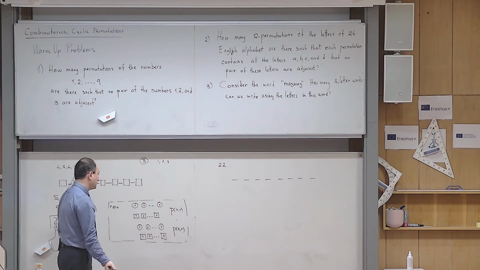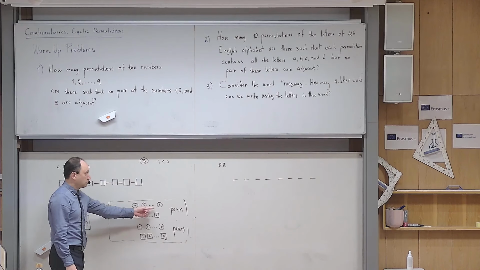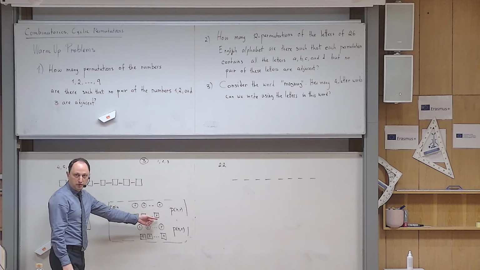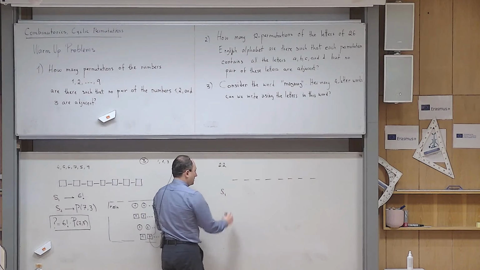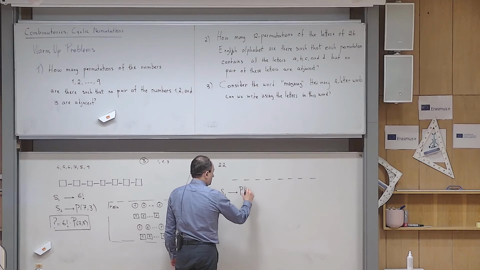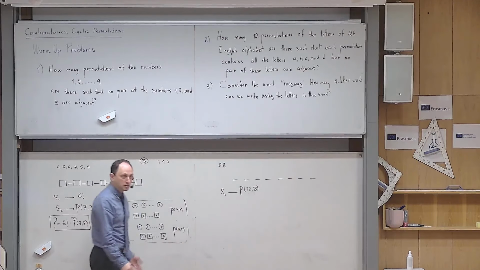That is this. Which model is that? The upper one or the lower one? The upper one, because the number of marbles is more than the number of boxes. So what I do, I just write the stage 1 is in how many ways it can be done? P(22, 8). Yes? Is that right?